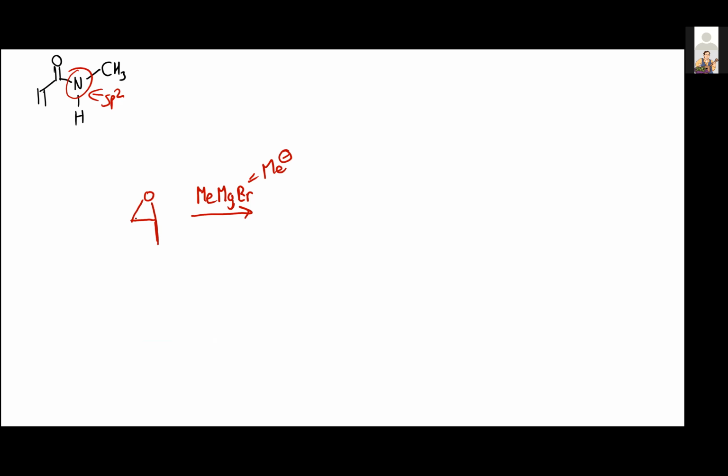And so if this is looking at an epoxide like this, we know that although this is the site that we attack if the thing is positively charged, this is the more accessible carbon. So if there's no charge on this epoxide, then we expect the methyl group to attack this carbon.